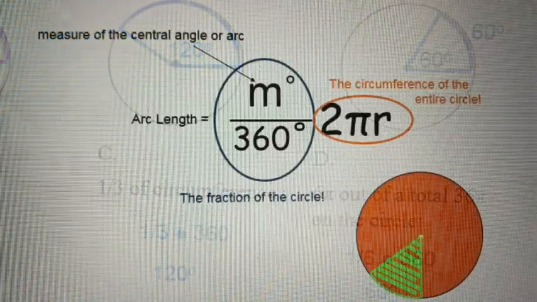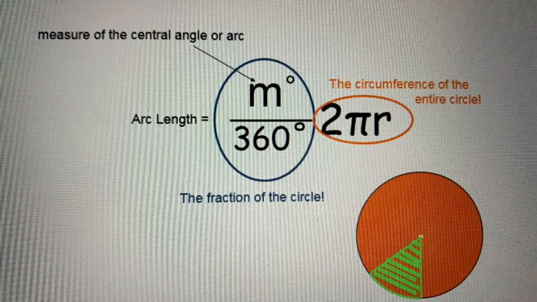Let's look at the arc length formula, what we just did. We knew the measure of the central angle. We divided by 360. Now, if we take that times the circumference of the entire circle, we should get the fraction of the circle. We can use 2 pi r, or we can use pi times diameter.